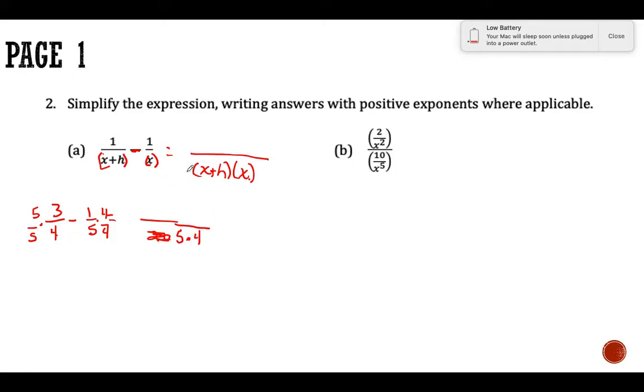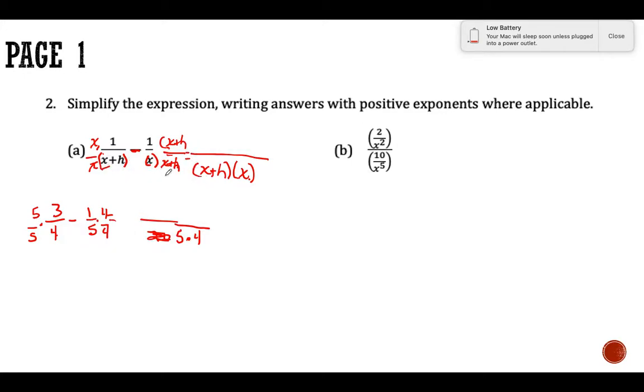Now, what's my numerator look like? Well, what did I do over here? I need to multiply by what's missing. x over x, x plus h over x plus h.